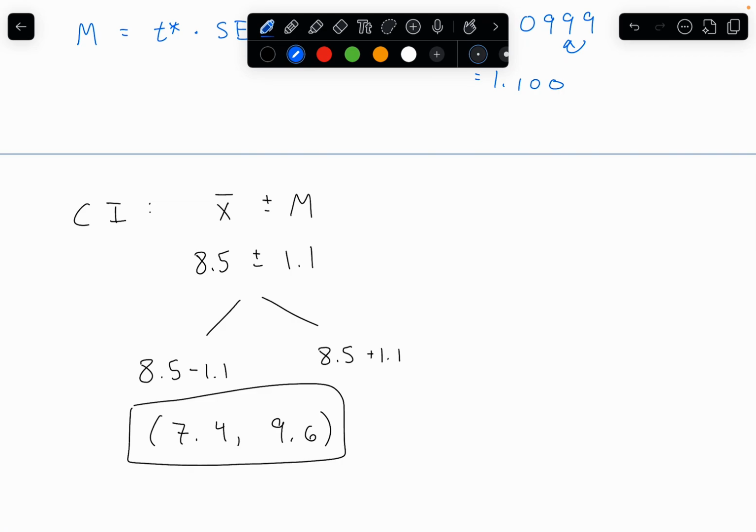And then, of course, the other thing that I want to do is write a short little summary of what this says.